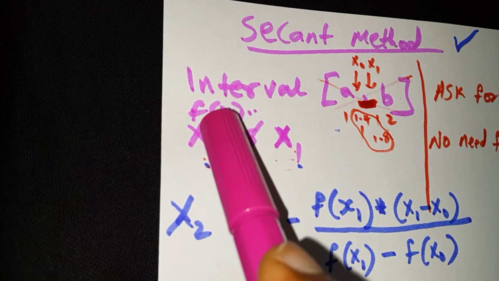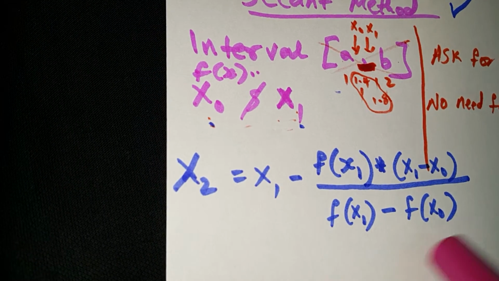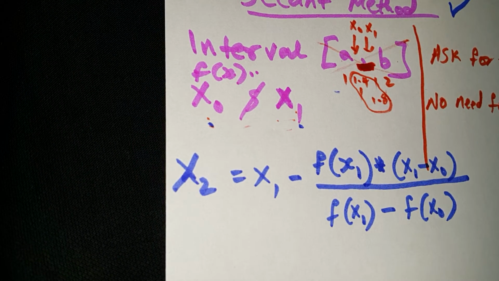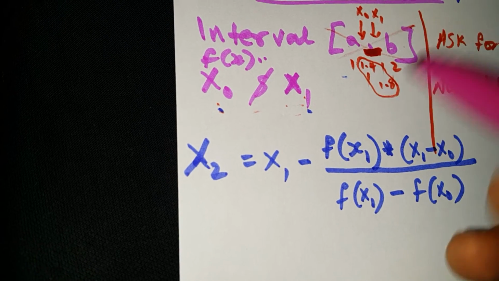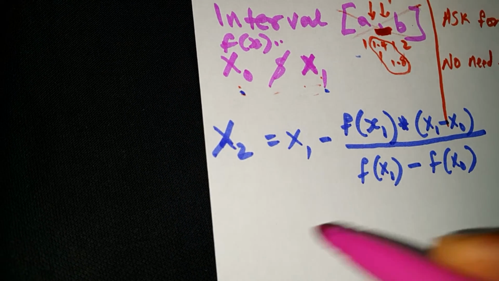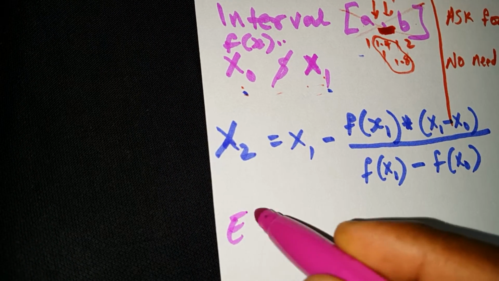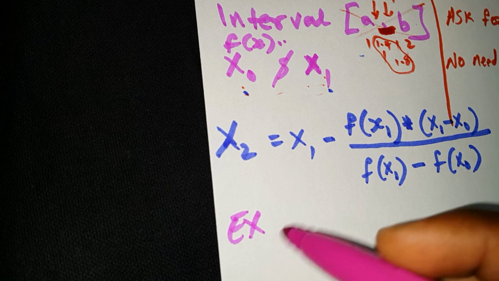Then you know your f of x and you know the formula. That means the secant method is solved. Let's solve one example and apply this introduction part to see how it is being done.